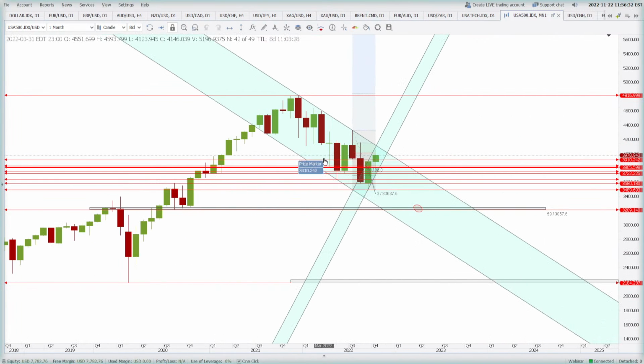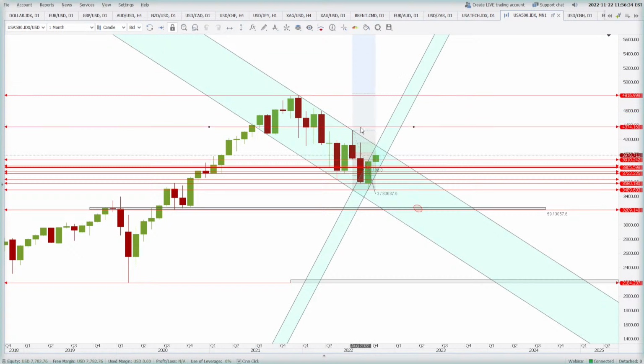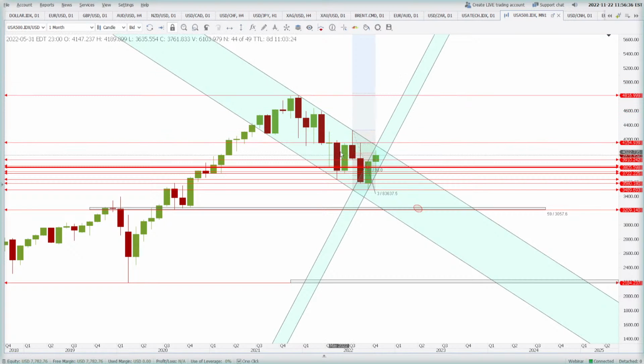Okay, so after this, the first monthly level that we have is here. And if I just bring it down to this high, it will incorporate this high, and closing of this candle, closing and opening of this candle low.